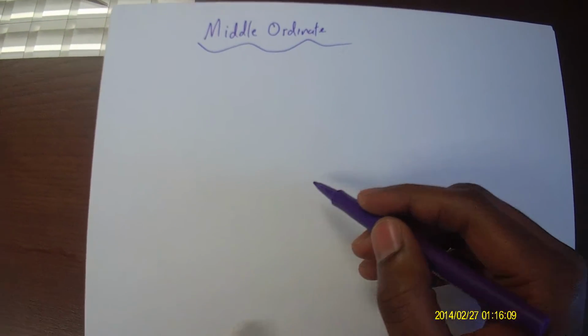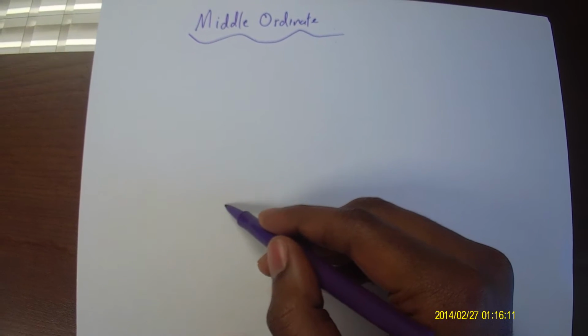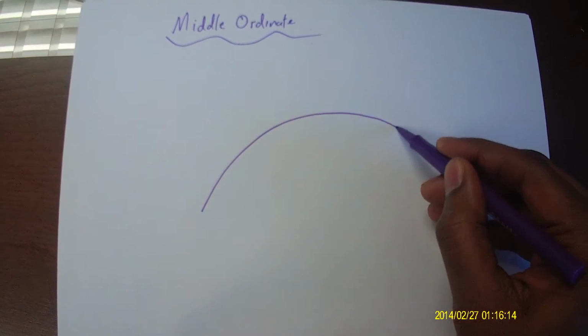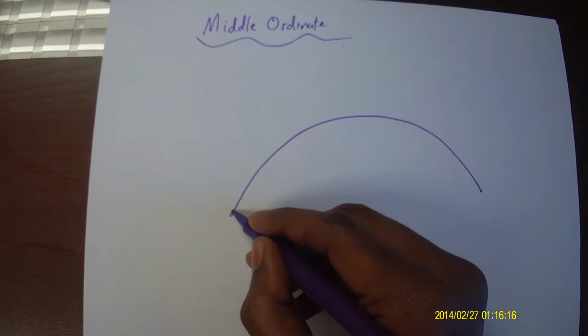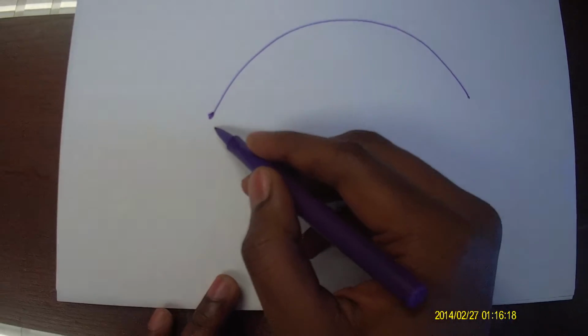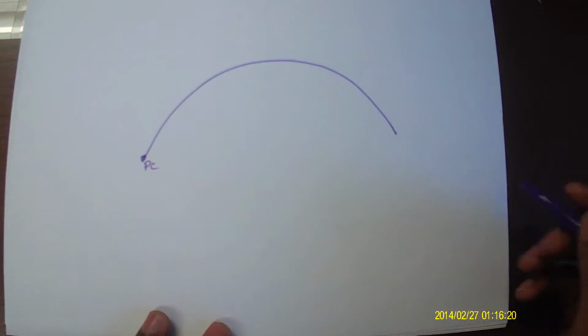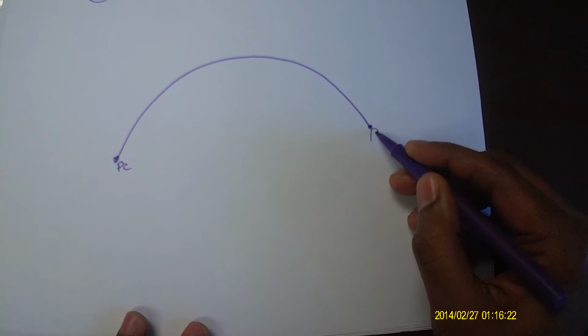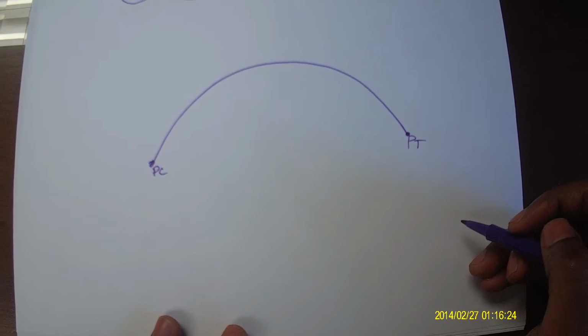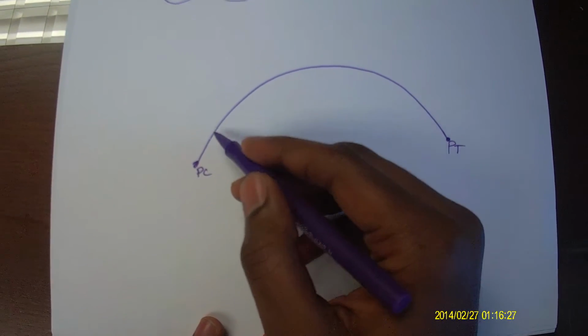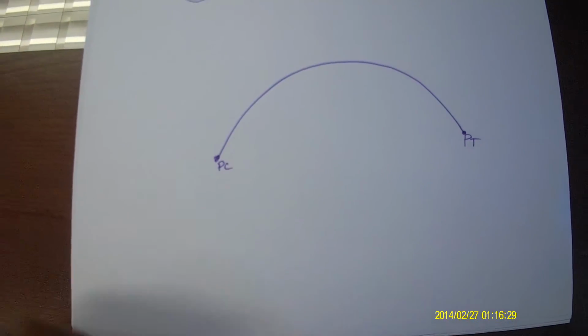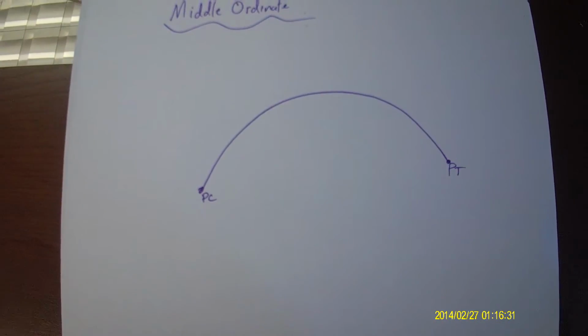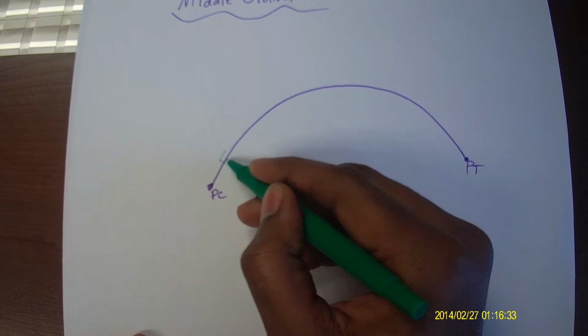Okay, so if I were to draw this on here, let's just say we had a huge curve. And it began here at PC and it ended here at P sub T. And I had a vehicle that was about right here.